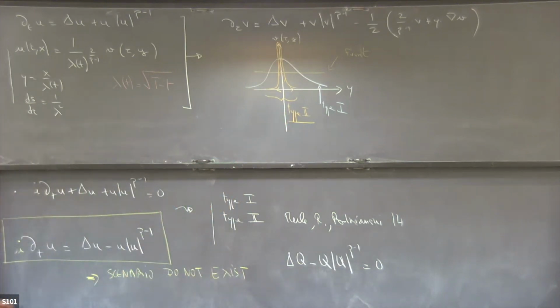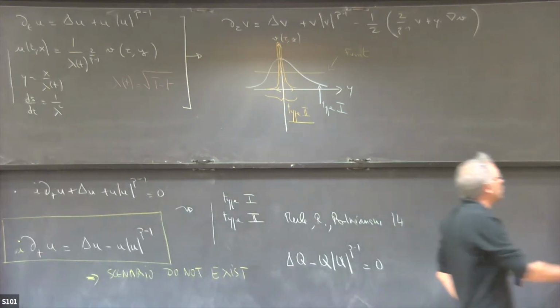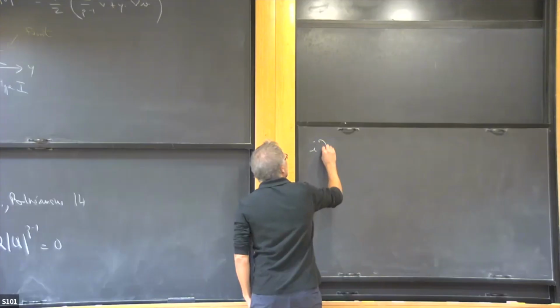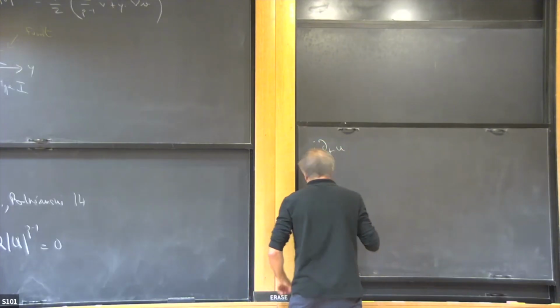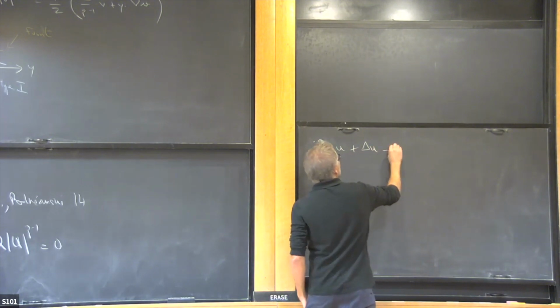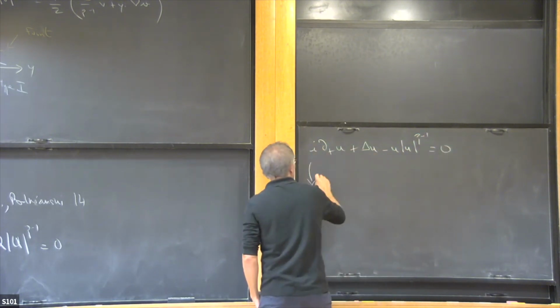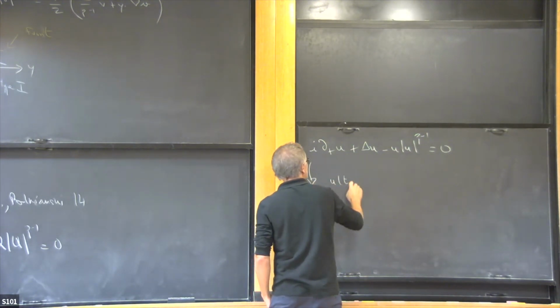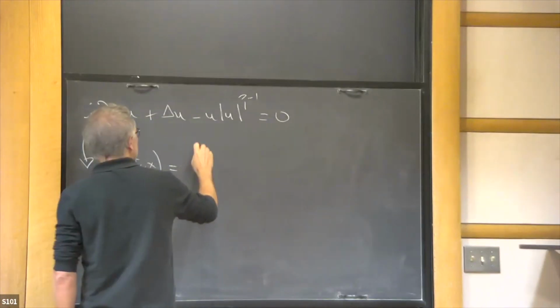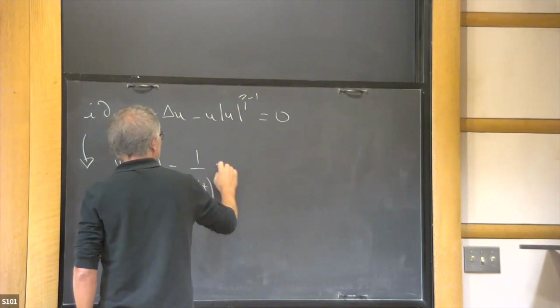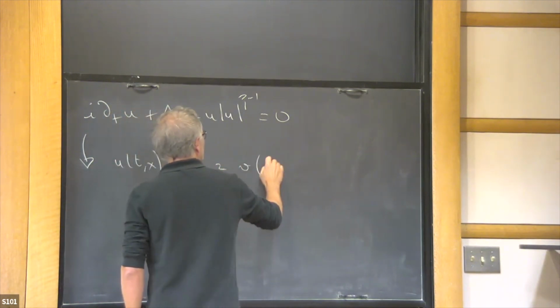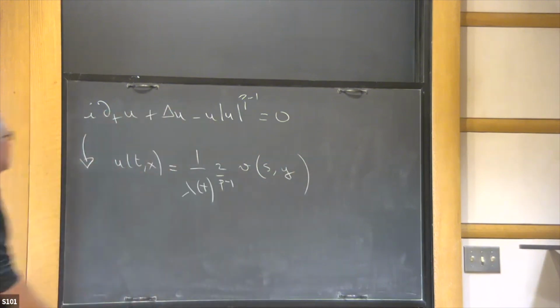Okay, so the idea was really for this problem. You start by renormalizing. So you have your defocusing NLS plus the Q minus U2. You renormalize self-similarly, exactly like for the heat equation. You look for something that wants to concentrate, so you do exactly the same renormalization.